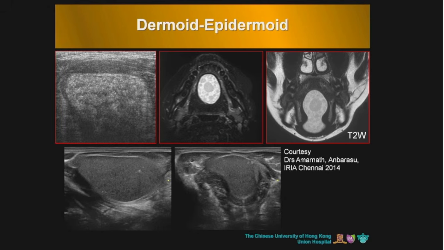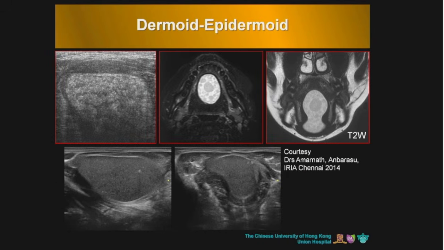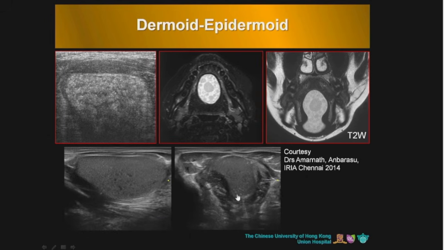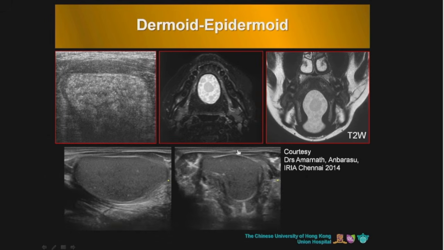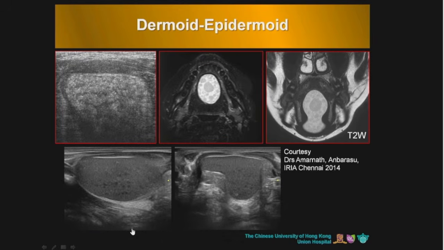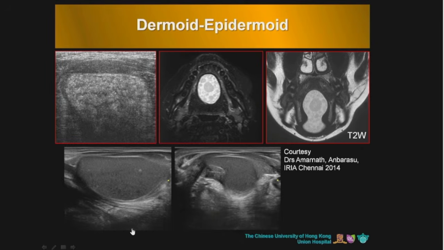I do not see the geniohyoid, I do not see the genioglossus, so that tells me that there is something wrong over here. I see a fat containing structure, so that tells me it's likely going to be a dermoid or an epidermoid, but an epidermoid over here has more fluid. So this one is an epidermoid, that's a dermoid, and you can see these small bright echogenic foci inside, that's the squamous pearls we were talking about.